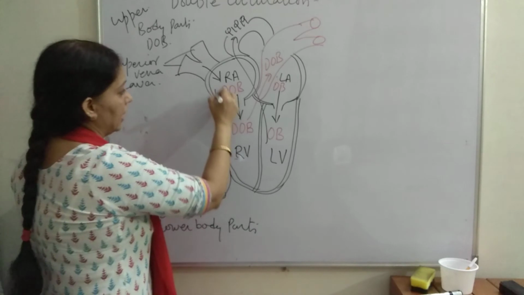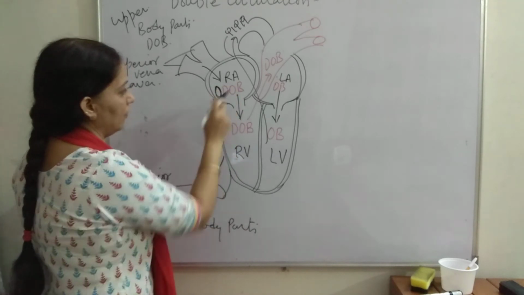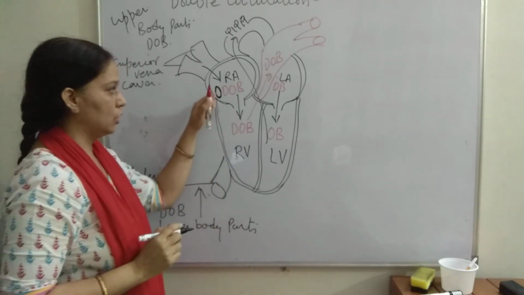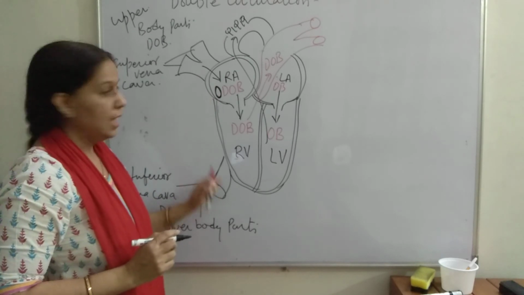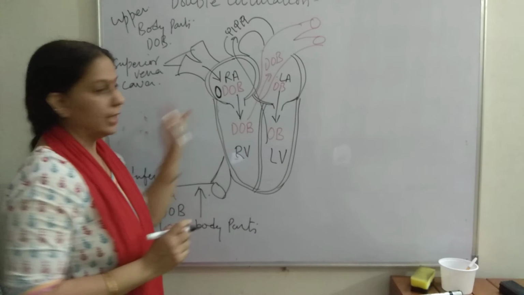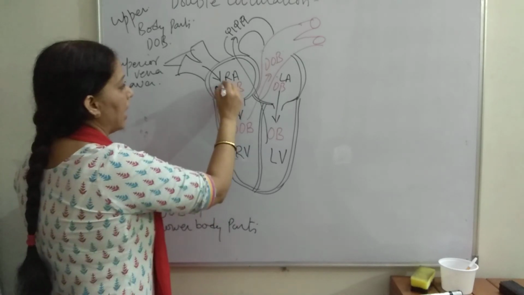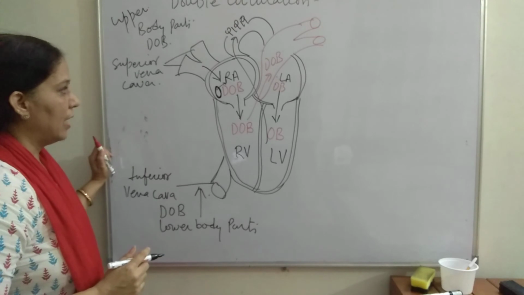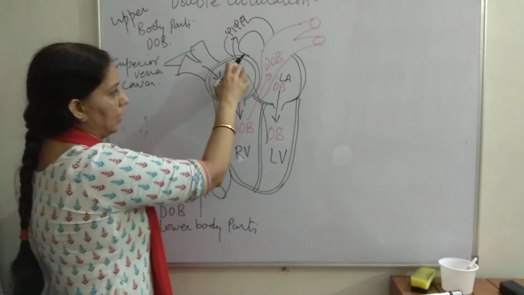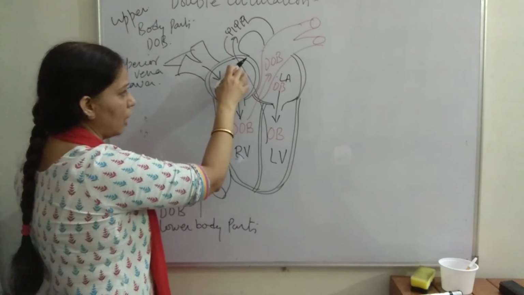It is internally connected with the help of a valve in the right atrium which is called Eustachian valve. This valve is at the opening of the inferior vena cava. It allows blood to flow in the right atrium, and does not allow backflow of the blood into the inferior vena cava.